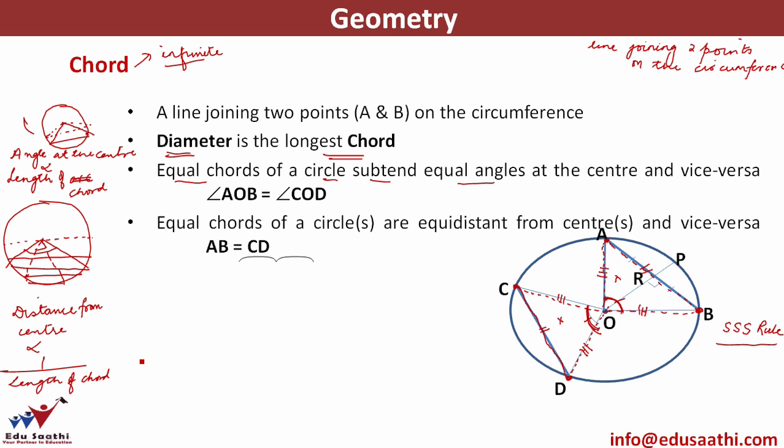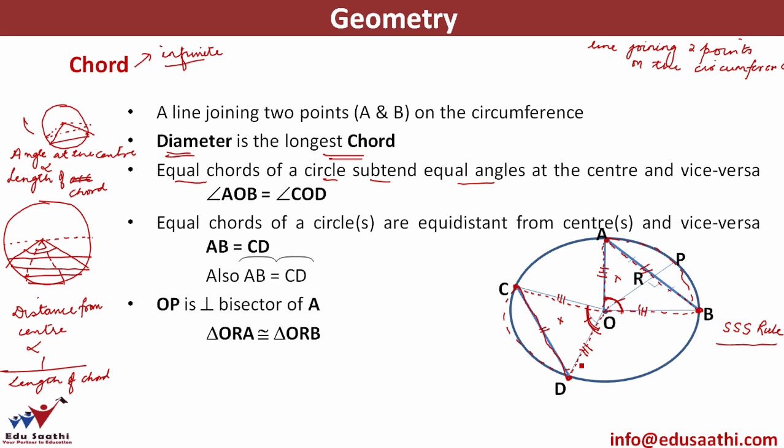And if two chords are equal, they have to be equidistant from the center and vice versa. So here, the length of the perpendicular distance would be equal. And also, the length of the arc AB would be equal to the length of the arc CD.